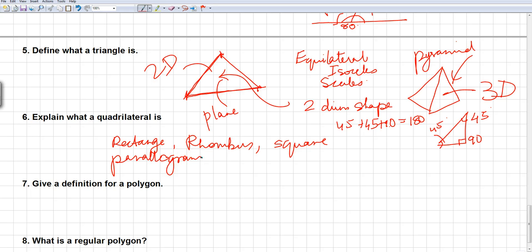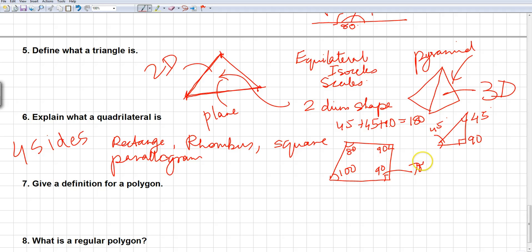All these are quadrilaterals because they have 4 sides. Now the measure of these 4 angles is going to be how much? If this is 100, this is going to be 80, 90, 90.